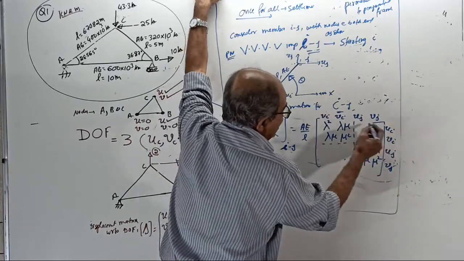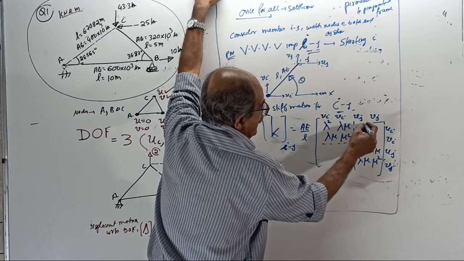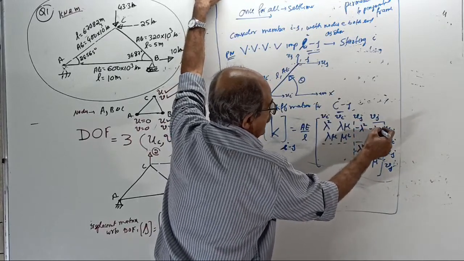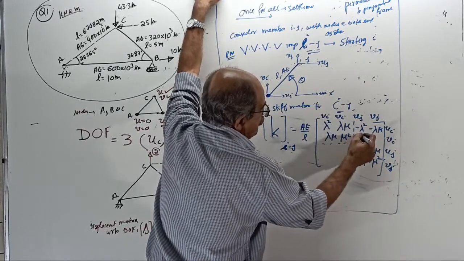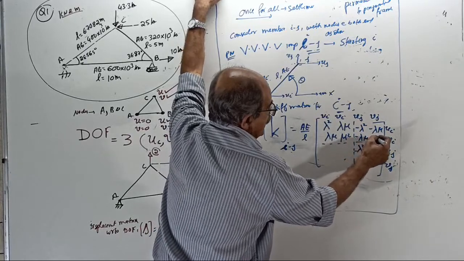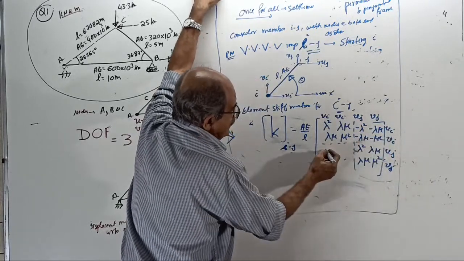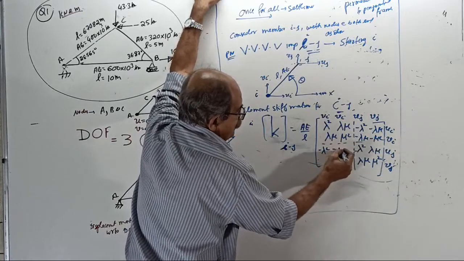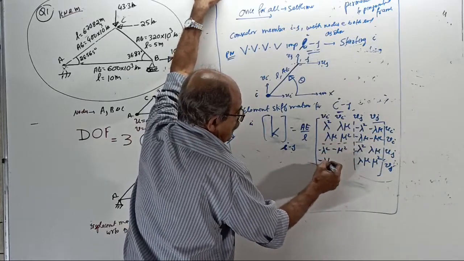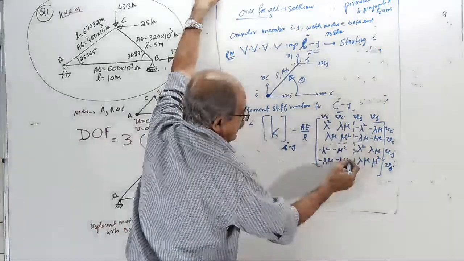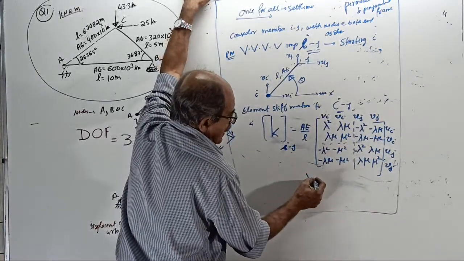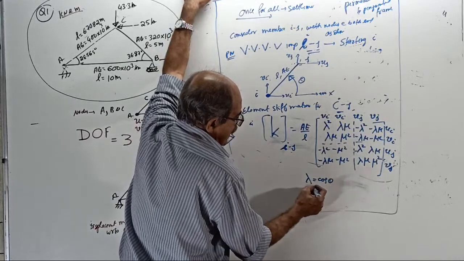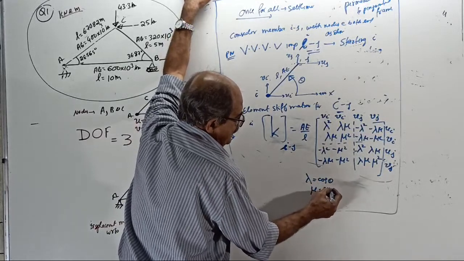You go that side, change the sign: minus lambda square, minus lambda mu. Go that side: minus lambda mu, minus mu square. You come this side: minus lambda square. Come this side: minus mu square, minus lambda mu, minus mu square. Where lambda is cos theta and mu is sin theta.